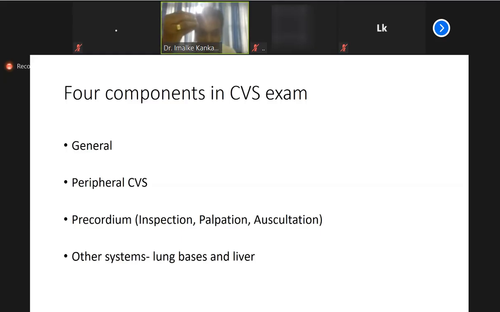And then the precordial examination and associated systems like lung bases and liver. So very rarely you will be given the command to examine the precordium rather than saying examine the cardiovascular system. Very, very rare for you to get that.